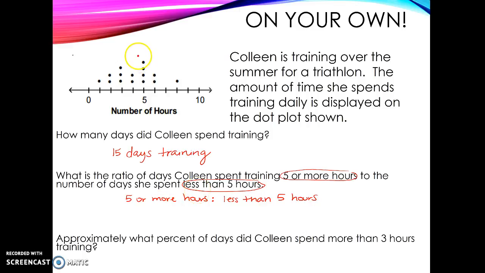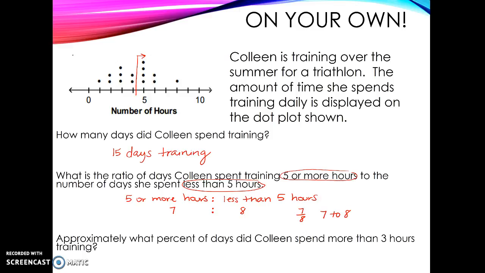So 5 or more includes 5. So I'm going to do everything to the right here. So 1, 2, 3, 4, 5, 6, 7. So 5 or more hours is 7. Less than 5 hours is everything that's left. 1, 2, 3, 4, 5, 6, 7, 8. So 7 to 8, or 7 to 8. Either way you can write it.